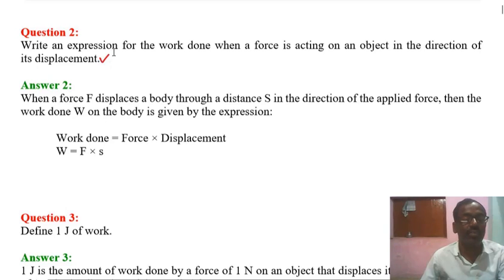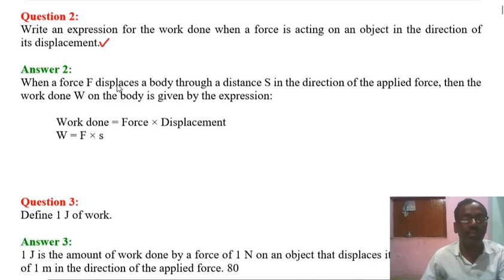So the answer of this question will be: when a force F displaces a body through a distance s in the direction of the applied force, then the work done W on the body is given by the expression work done equal to force into displacement. Force is generally denoted by F, displacement is generally denoted by S, and work done is generally denoted by W. So W equal to Fs.